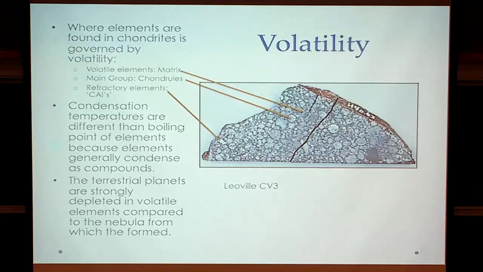So aluminum, for example, has a rather low boiling point. As a metal, it's rather volatile. But it condenses as an oxide. It's highly refractory. Carbon, on the other hand, the sublimation point of graphite is extremely high. But it condenses at very low temperature because mostly it's oxidized to CO or CO2.